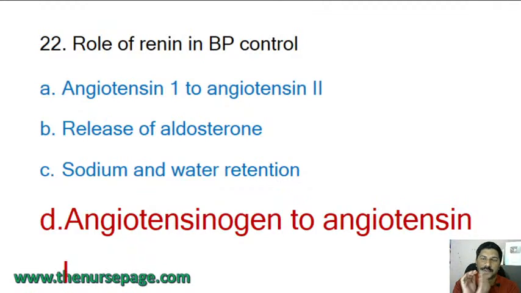This angiotensin 2 promotes the production of aldosterone. Angiotensin 2 and aldosterone together help with vasoconstriction, and aldosterone helps the reabsorption of sodium and water.